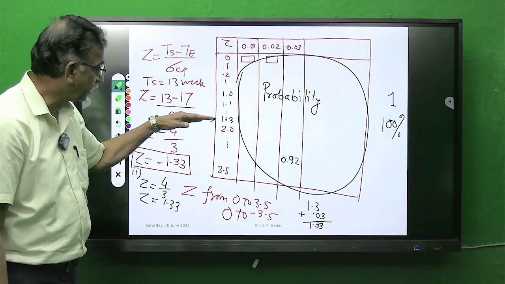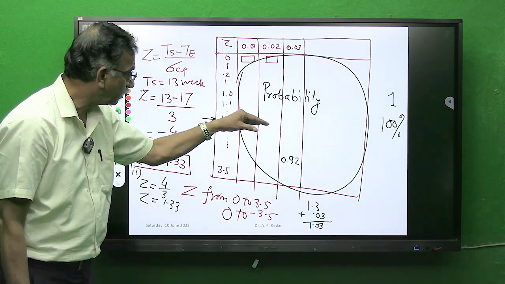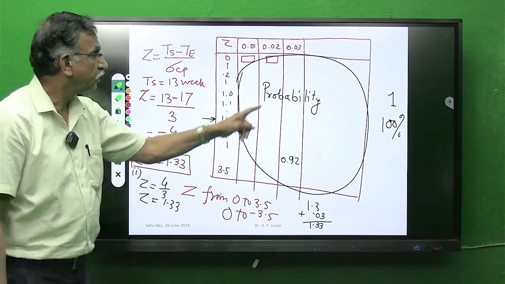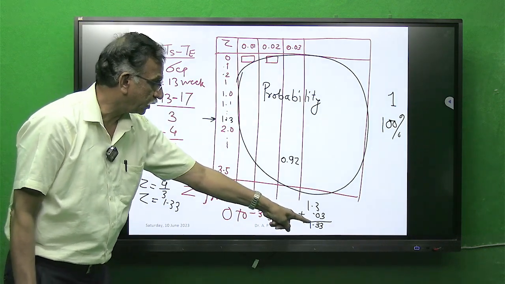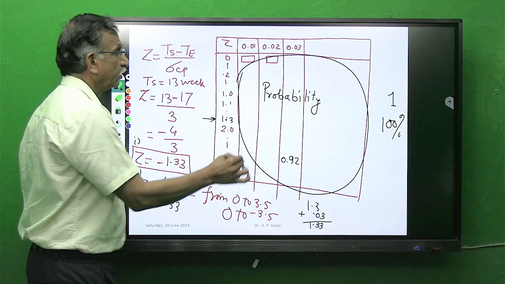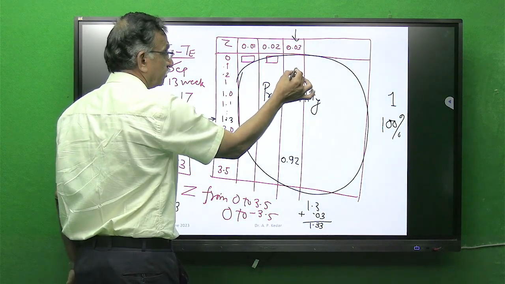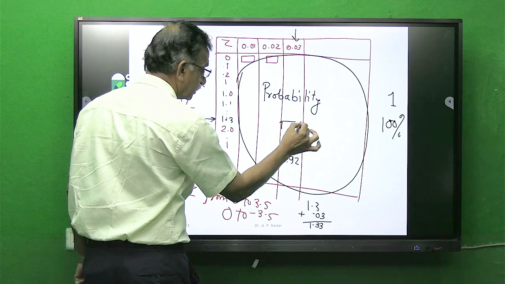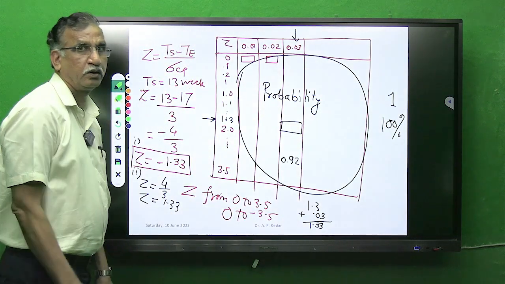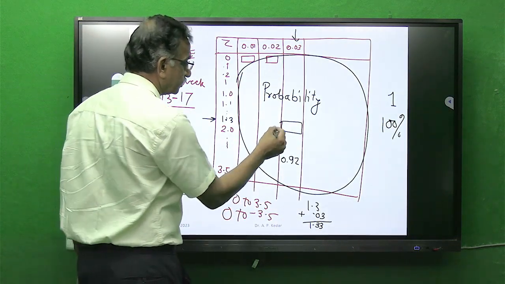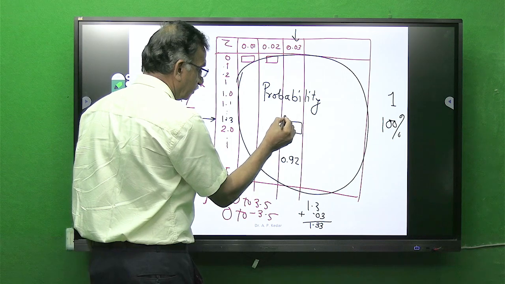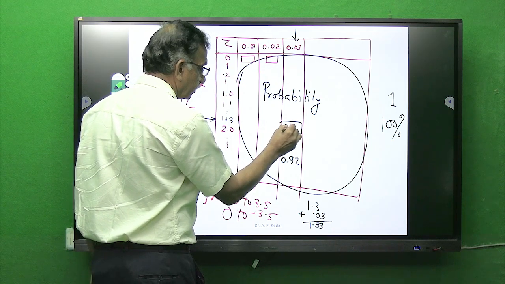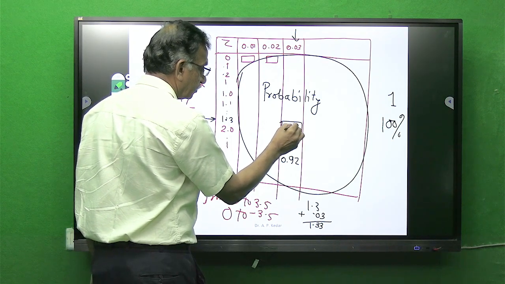So once you identify that row of 1.3, go to the column of that difference of 0.03. Look to this column, search the value which is at the intersection of this. Suppose by chance it is written 0.91.